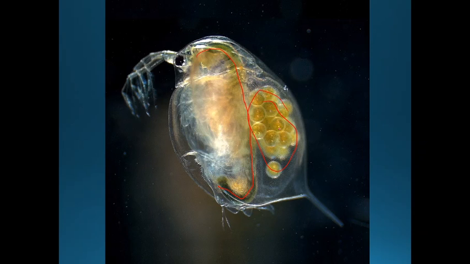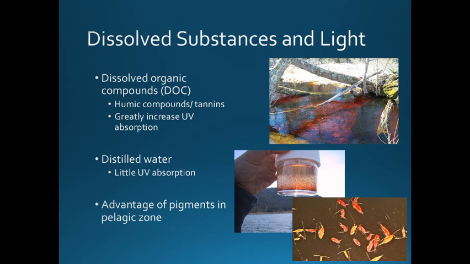So if there's really, really clear water, in the absence of predators, being clear is not very good. So what we see is in really, really clear water with no zooplanktivorous fish, you get red zooplankton. Basically they have a suntan and they can absorb that UV radiation and they don't get skin cancer.